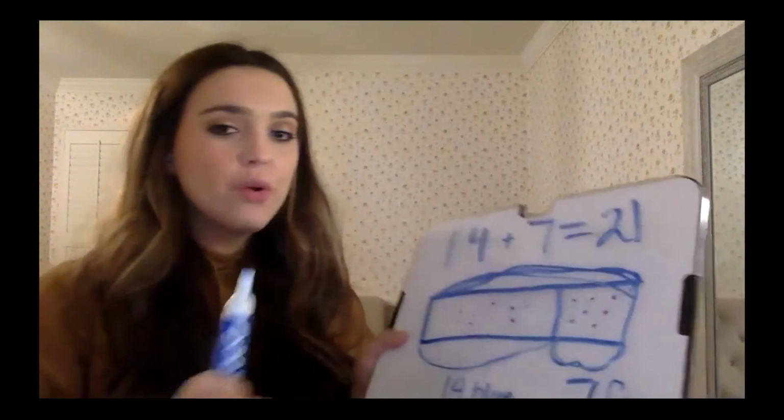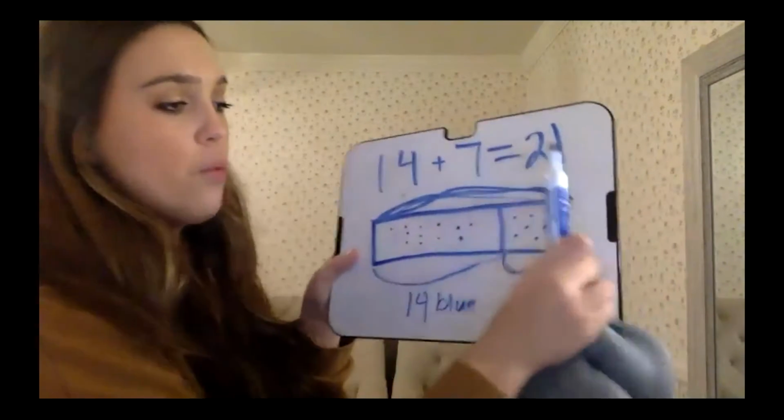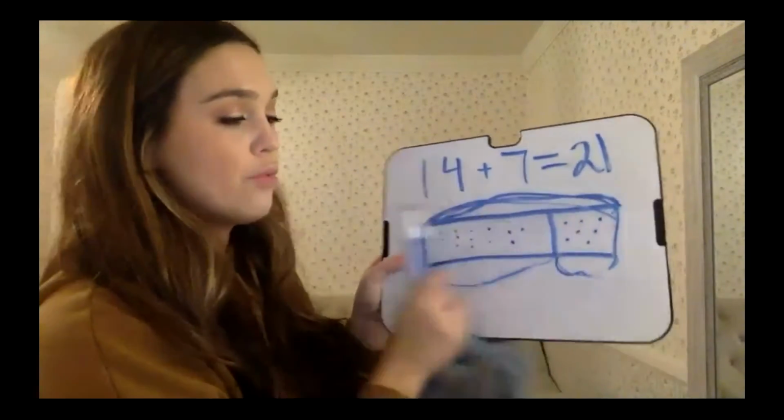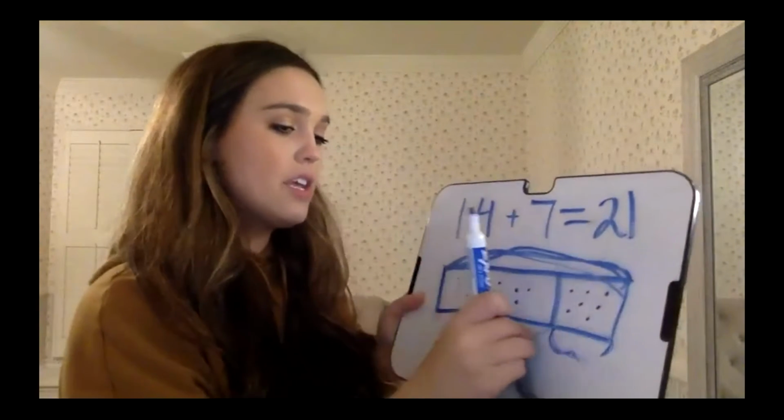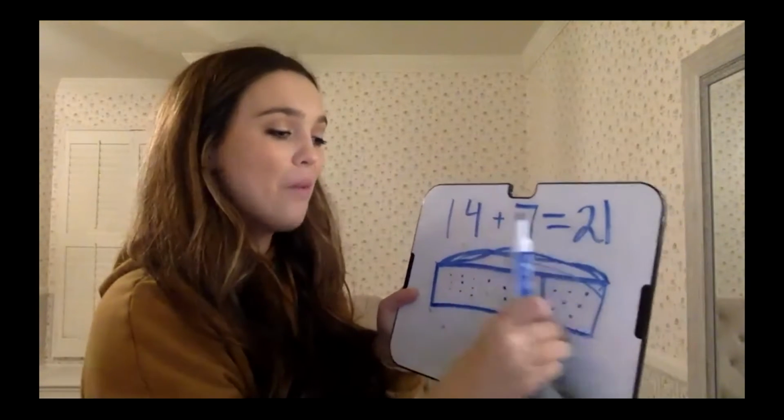So, as an example for this one, the question, one more time, was Jacob counted 14 blue fish and 7 goldfish in his aquarium. How many fish are there all together? I'm just going to erase this little part so we can have some room to write the sentence down here. Sorry, if I had a bigger whiteboard, I would leave it all up for you guys.